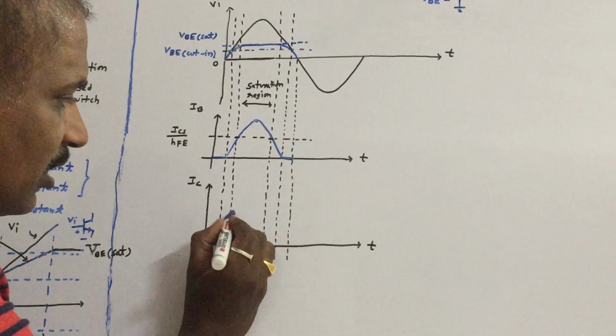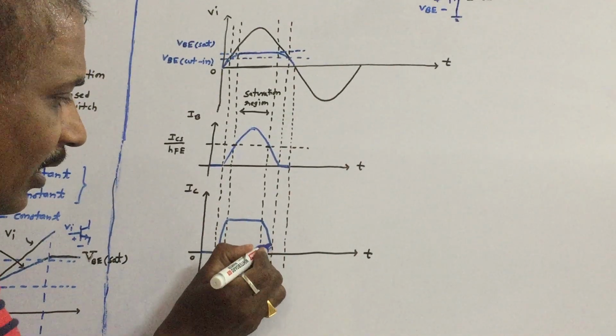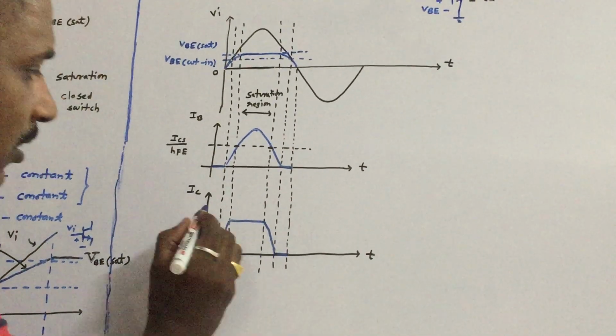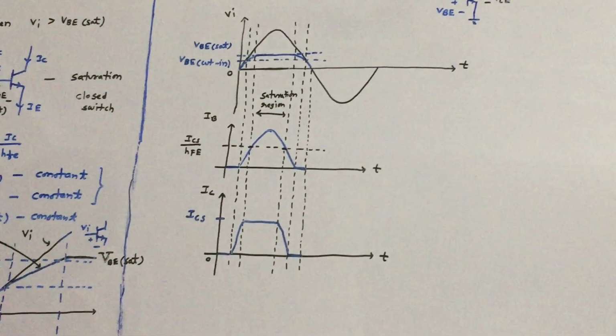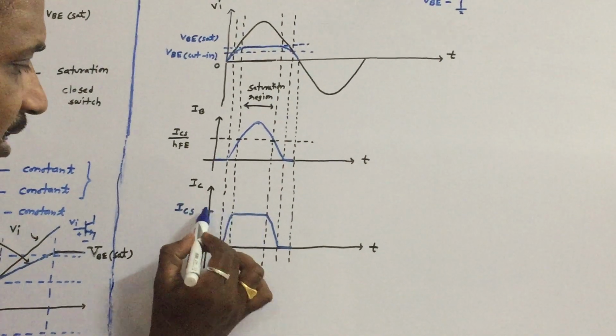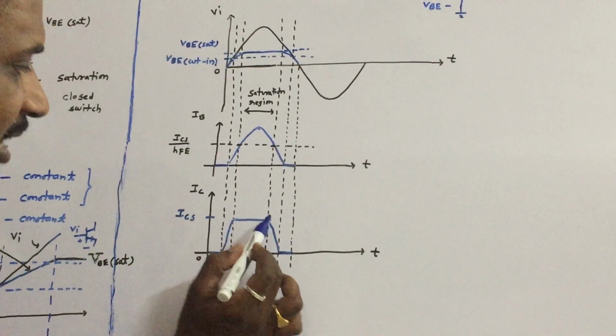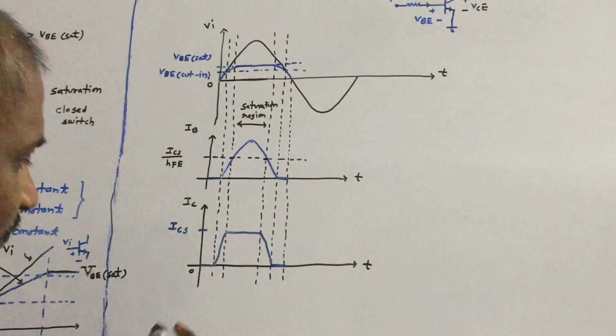The collector current increases like this. During this portion, the collector current enters into saturation. This current is called ICS. The collector current is saturated. In the saturation region, the collector current ICS remains constant, as I explained earlier.